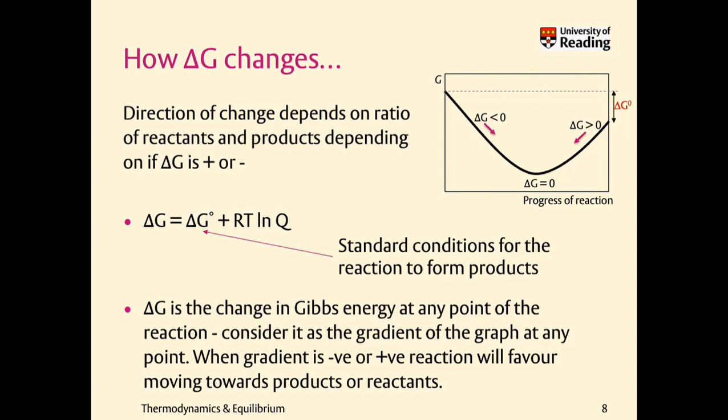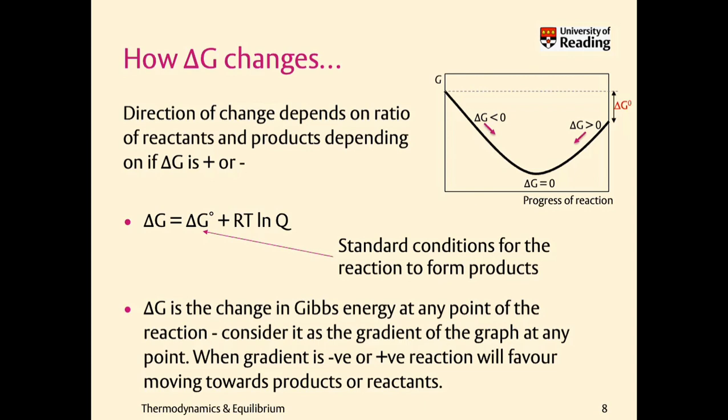So we can use this equation here, which tells us how G will change going along that curve, and link it to the standard conditions change in Gibbs free energy, which is the Gibbs free energy for the total reaction going from reactants to products, adding to that a component which will tell us where we are on that curve because it's linked to the quotient.